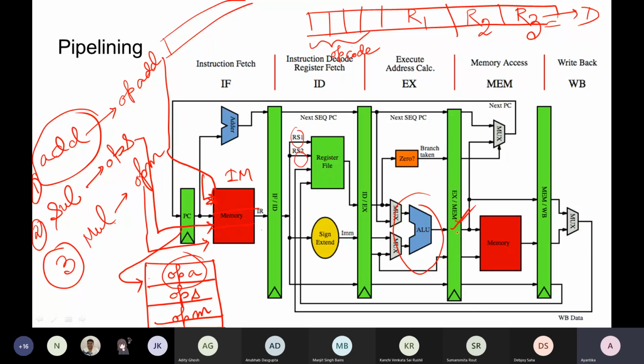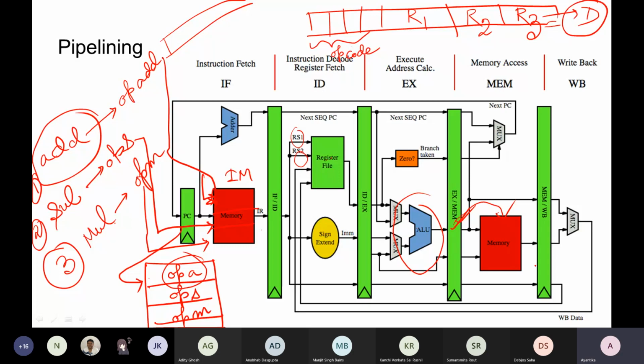The result is coming here. Now what you have to do is store this result back to this R3, some register 3. Or it may happen you have to store it to some memory block. If you are storing that to some data memory, then this result will go from here and be stored in that data memory, and the address where you will store that value will come from the destination part of your instruction code.